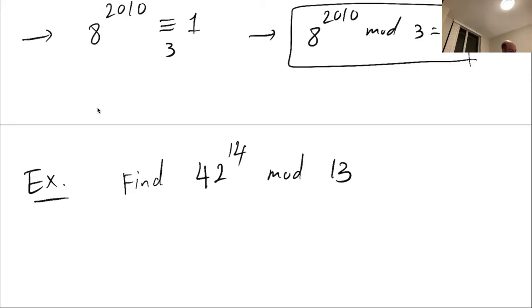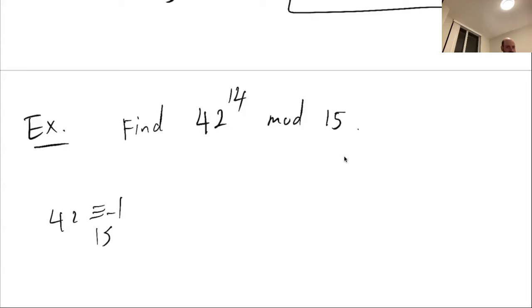Even if I say -1, 42 is still not congruent to -1. So the difference between 42 and 1 is not divisible by 15, and the difference between 42 and -1 is not divisible by 15 either.